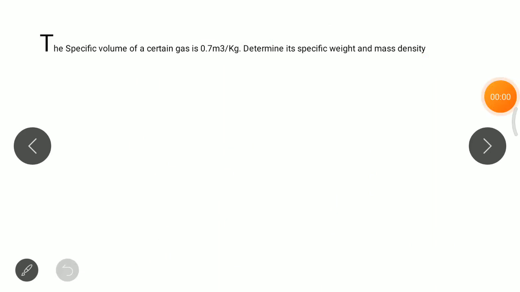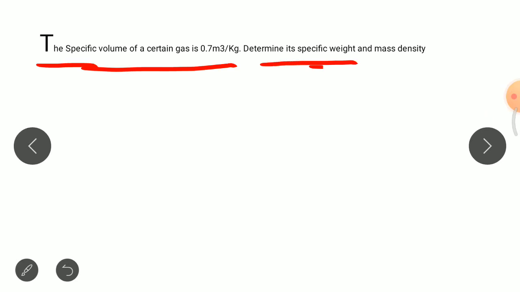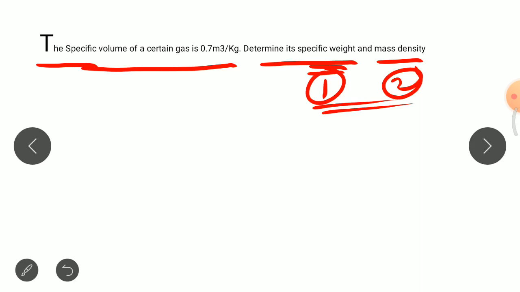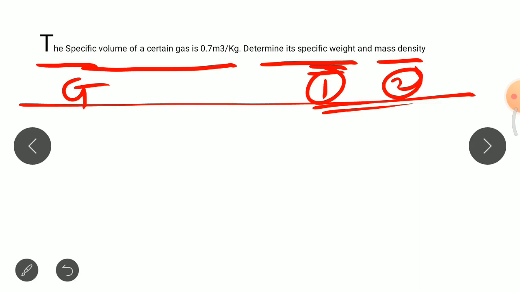The second problem is the specific volume of certain gas is 0.7 meter cube per kg. Determine its weight density, first quantity, and mass density, this is second quantity. Now in this problem we have to calculate two quantities. Okay, so I will write here the given data and to find.